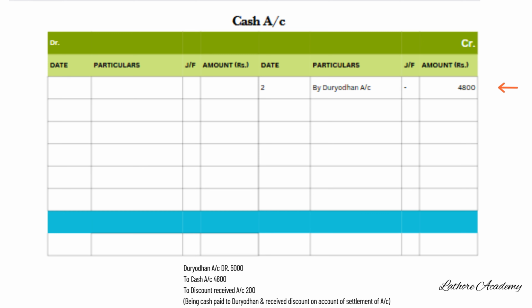In this case, we have to pass this entry and post it as: on the credit side of the cash account, By Duryodhan, 4,800 rupees. The 200 rupees will go to the discount received account.